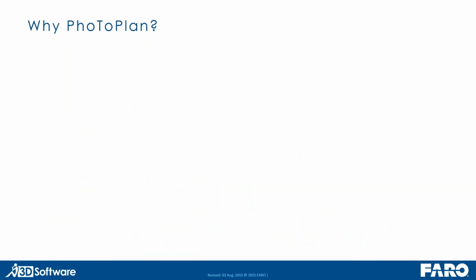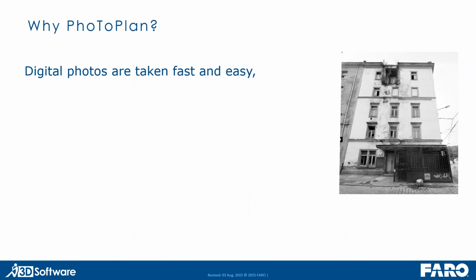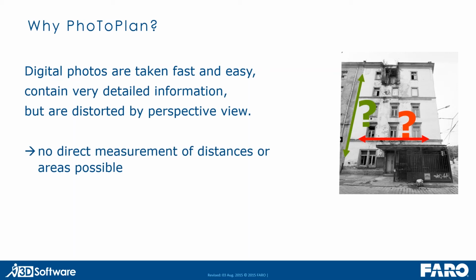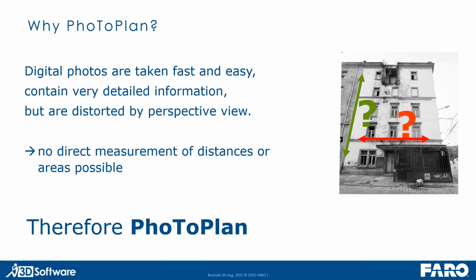So let's start with the question, why would people need a software like Photoplan? As you may know, digital photos are taken very fast and easy, and they do contain very detailed information, but they are distorted by perspective view, and thus we cannot take any direct measurements of distances or areas from those photographs, but we would like to have those.